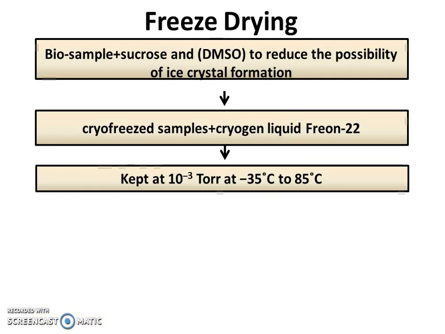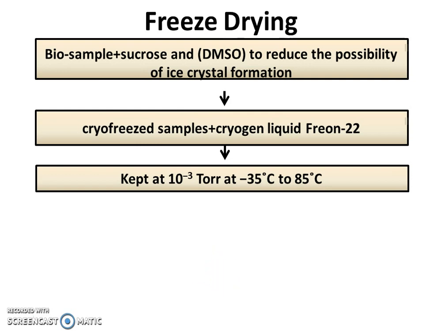solvent. Freeze drying is another way to prepare biosamples for SEM. Biosamples are treated with sucrose and dimethyl sulfoxide to reduce the possibility of ice crystal formation. From that point of view, cryo-frozen samples are treated with a cryogen liquid like Freon 22.